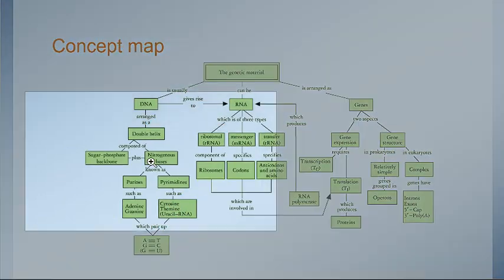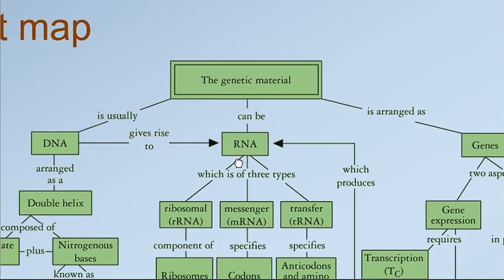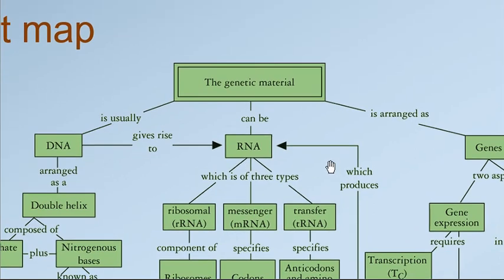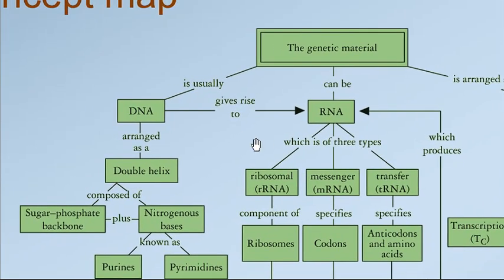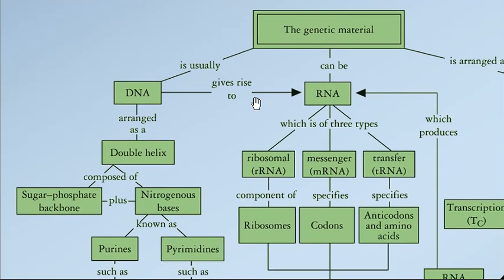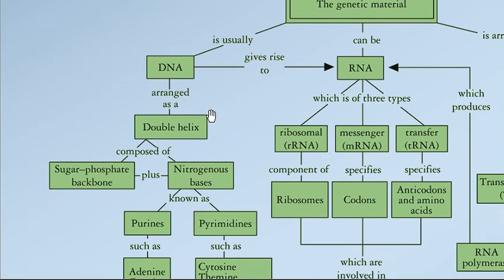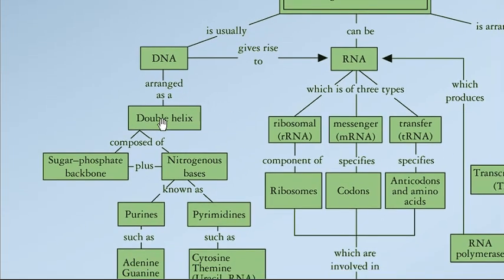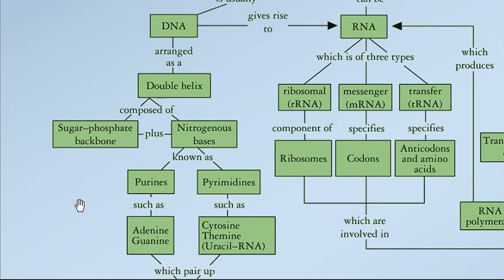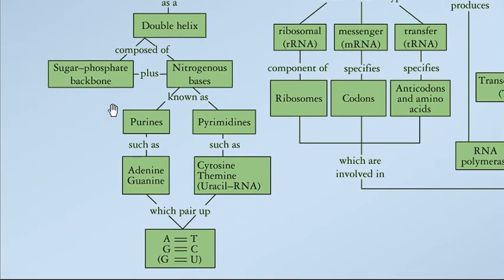So here is the final concept map. The genetic material is usually DNA, also can be RNA. Also, the DNA gives rise to RNA. The DNA is arranged as a double helix composed of a sugar phosphate backbone plus nitrogen bases.